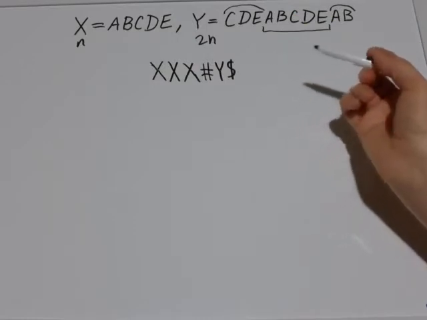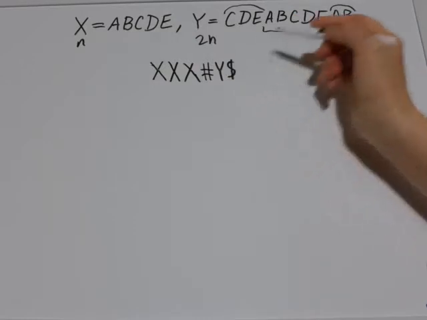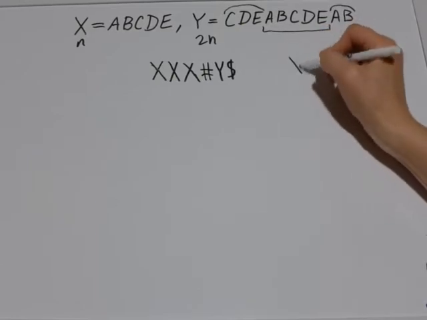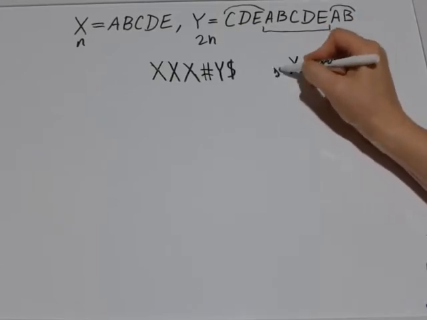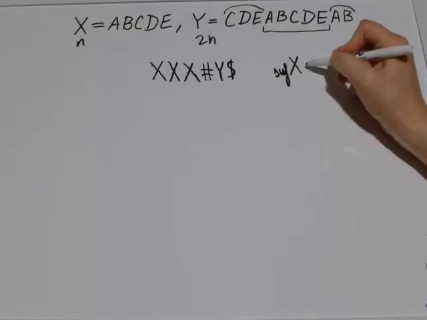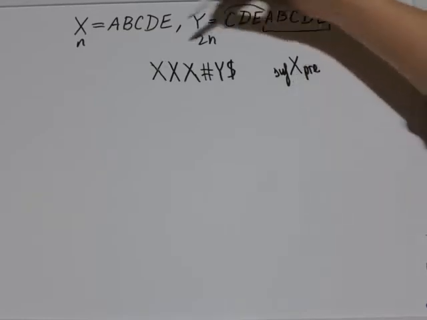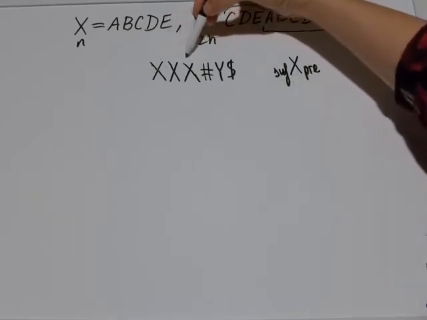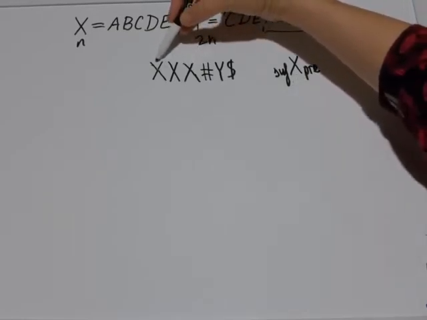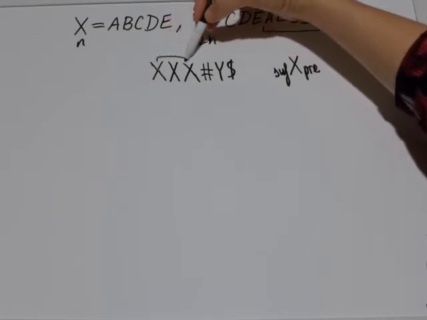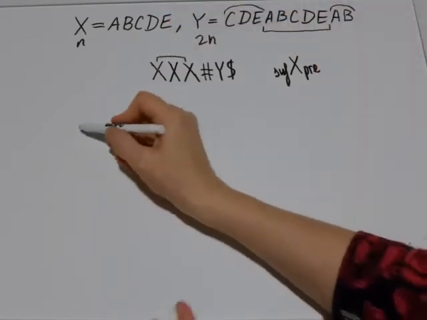In this case, what do we have? Because y has the form x with some suffix before and remaining prefix after, if y has this form, then it should be somewhere right in here. You can find y in this string. Let us show if it is the case.